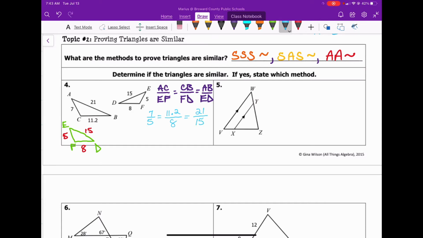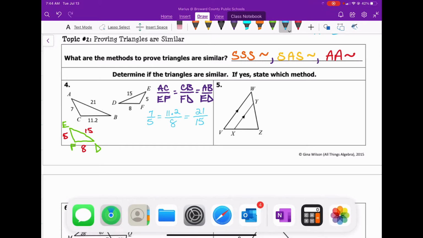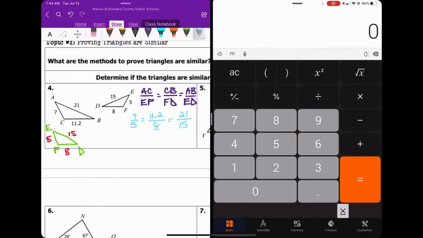Now, what we need to do here is just check to see if these proportions are equal. So I'm just going to pull up a calculator real quick. 7 divided by 5 is equal to 1.4. 11.2 divided by 8 is equal to 1.4. 21 divided by 15 is equal to 1.4.